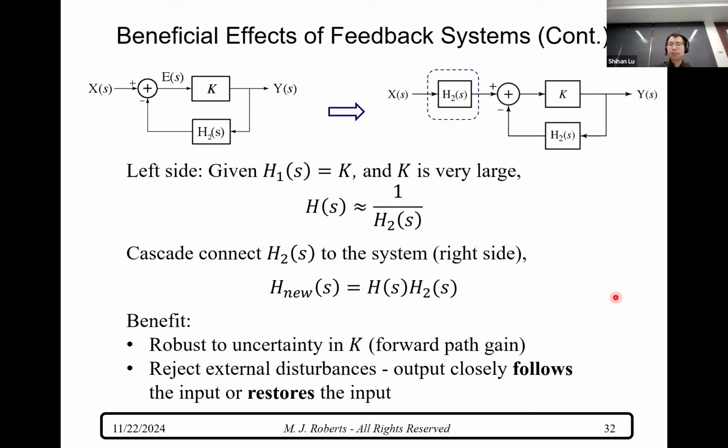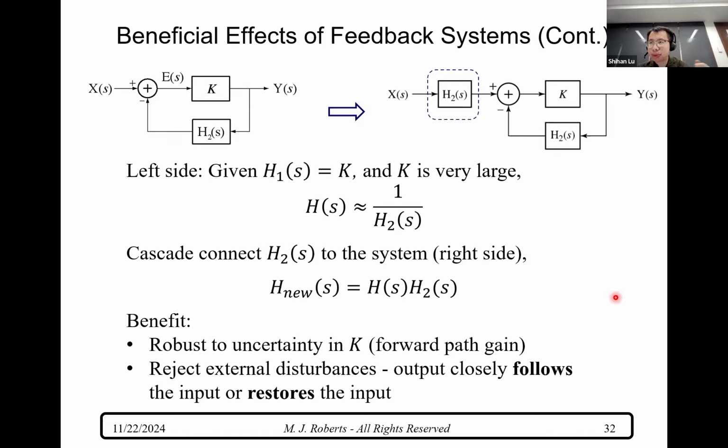So this is very beneficial. Think about a wireless communication system. If you are talking, your human voice is the system input X of S, and it goes through radio transmission systems, which are easily interfered with by EMI.